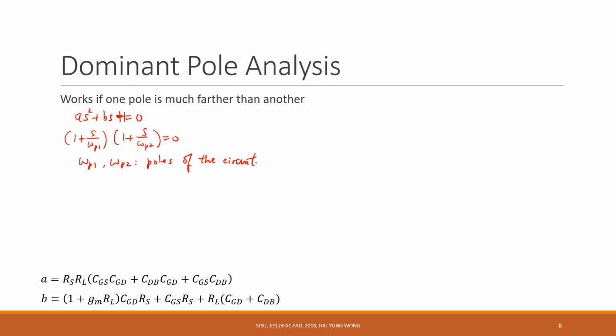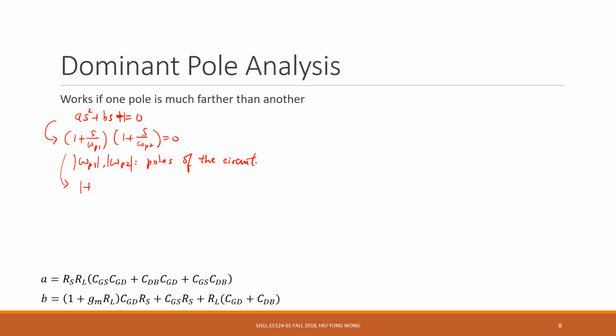right? So you can always write a quadratic polynomial as 1 plus s divided by omega p1 times this one, right? And by definition, we need to set this one to 0. So omega p1 and omega p2 are the poles, right? Let me put absolute value just to avoid any ambiguity. Okay, so based on this, I just do the multiplication.